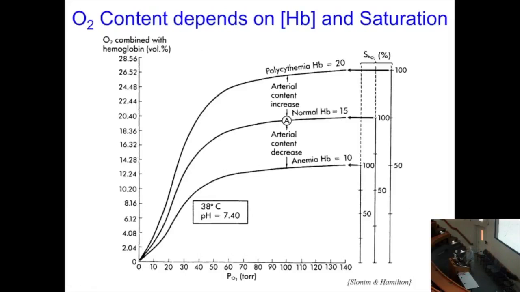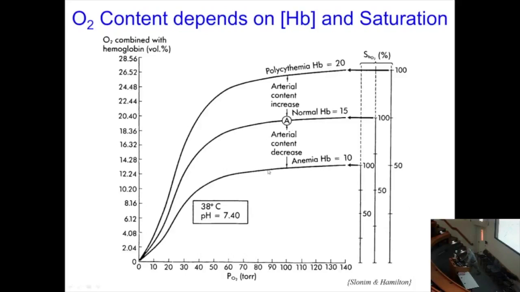People with more hemoglobin than normal are said to have polycythemia. Poly is many, cyte is cell, heme is iron or red blood cells. So polycythemia is somebody with an abnormally high amount of red blood cells, which contain hemoglobin, and so they may have 20 grams of hemoglobin per deciliter.